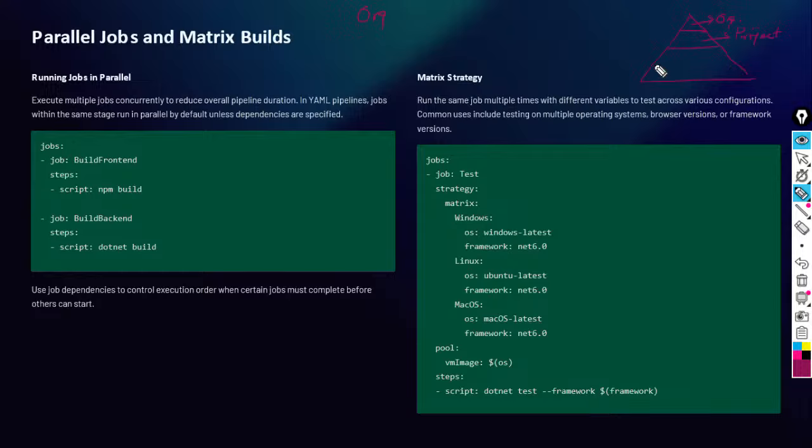And then in the pipeline, within the pipeline also there is a hierarchy. First is the stage. What will come after stage? Within the stage, you can have jobs, one job or multiple jobs.